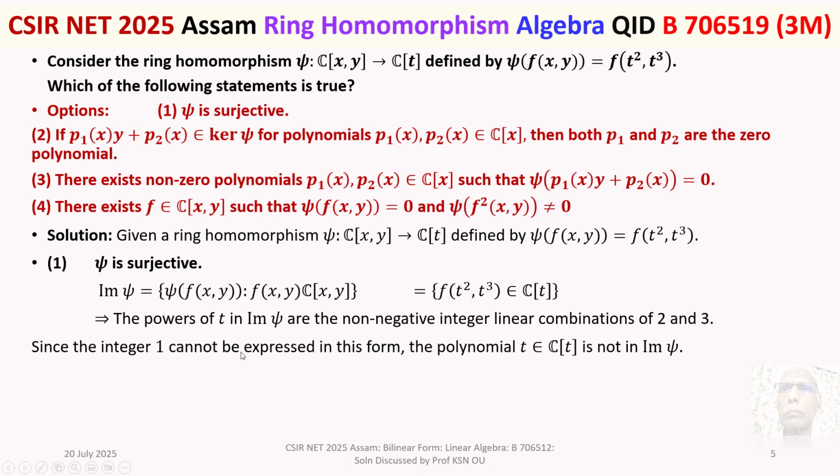So, t^1 is not there. t will be in C[t], but t is not in the image of psi. So, that means the image of psi is not the whole of the codomain C[t]. Therefore, psi is not a surjective mapping.